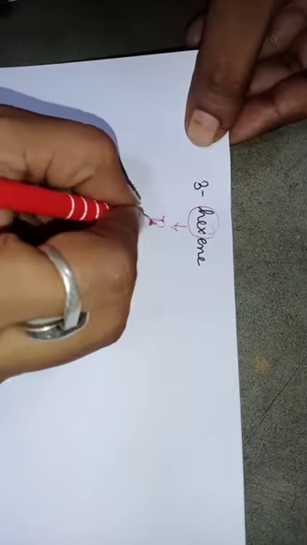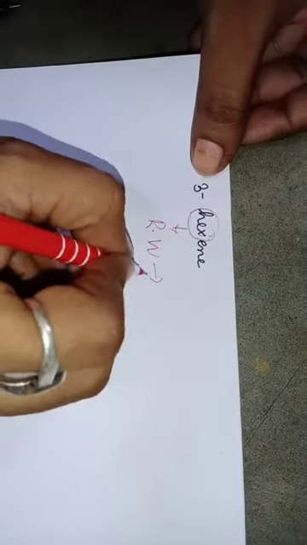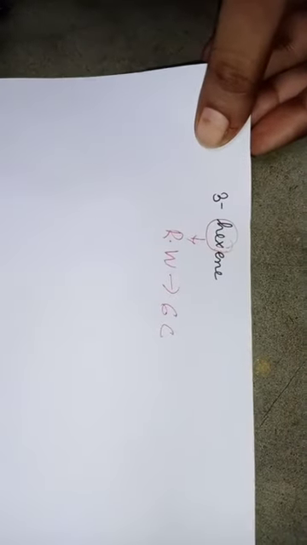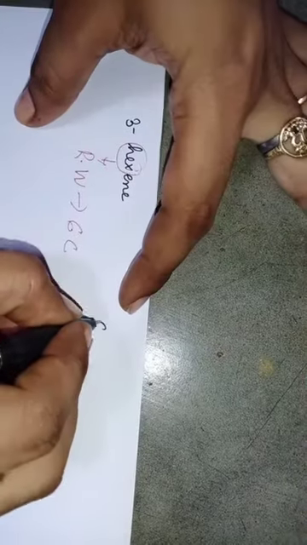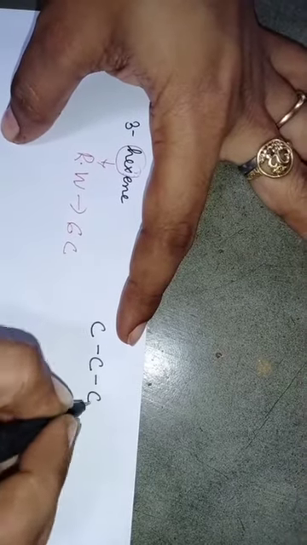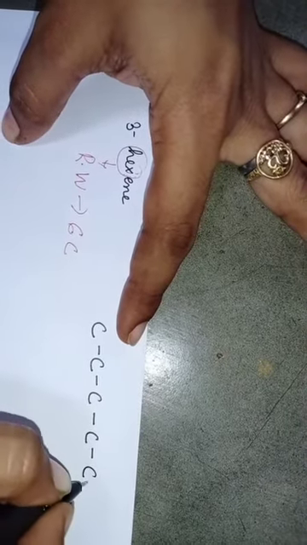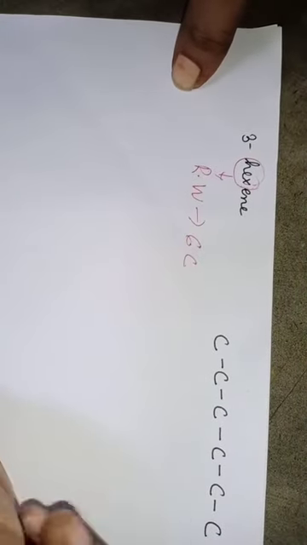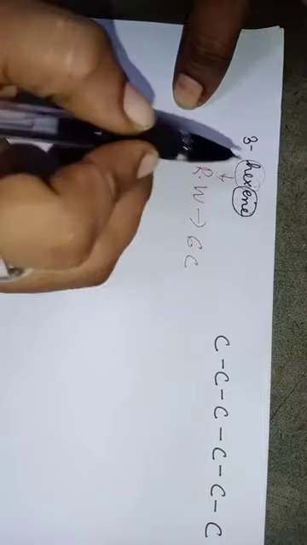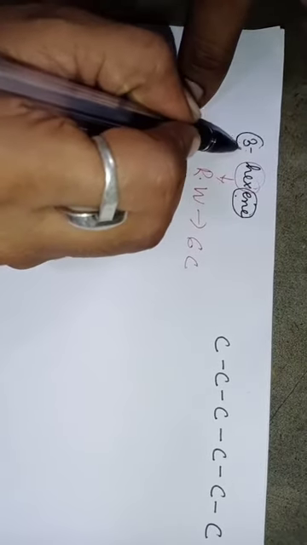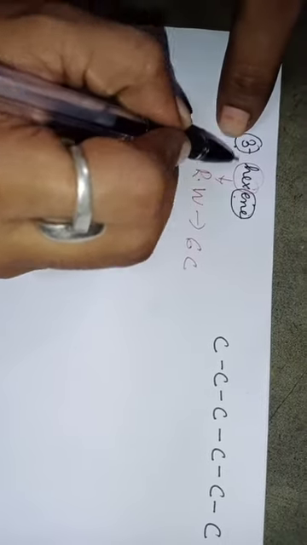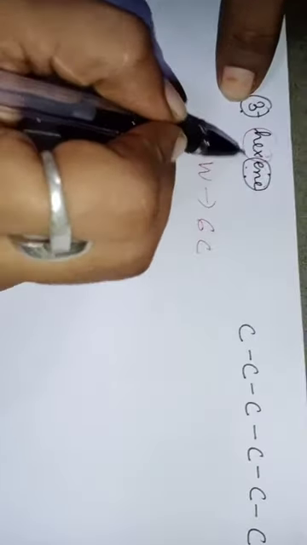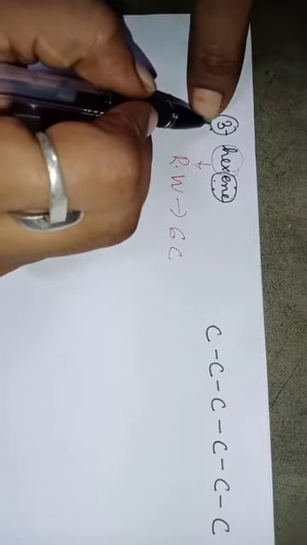This is your root word which has how many carbons? 6 carbons. So what you will do, draw 6 carbons, 1 2 3 4 5 6. You have drawn already 6 carbon atoms. Okay, now ene is there, a double bond, but this double bond is on the third position. Here the position of the double bond is already represented at the start of the compound name.